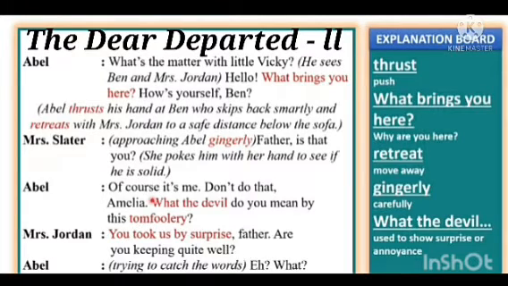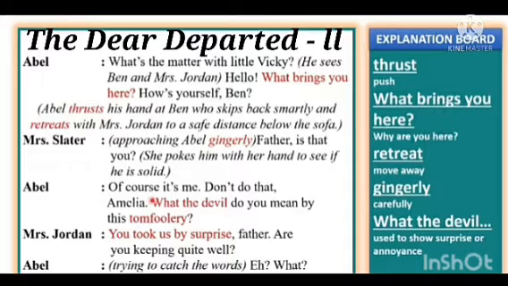At the end of the first part, we learned that all think Abel was dead, and they sent Victoria upstairs. Here Victoria comes down the steps, and he asks, "What's the matter, little Vicky?"